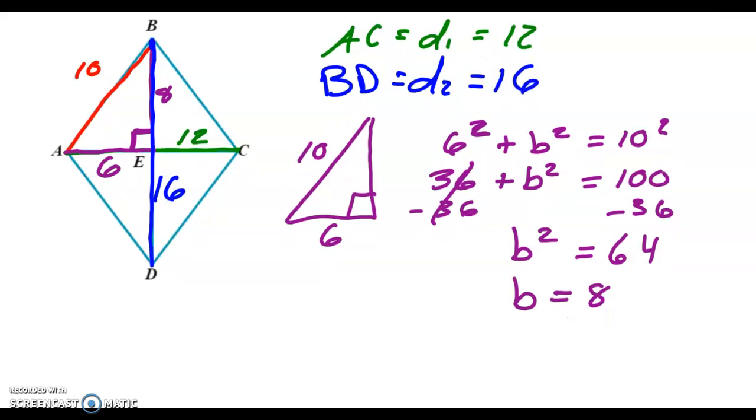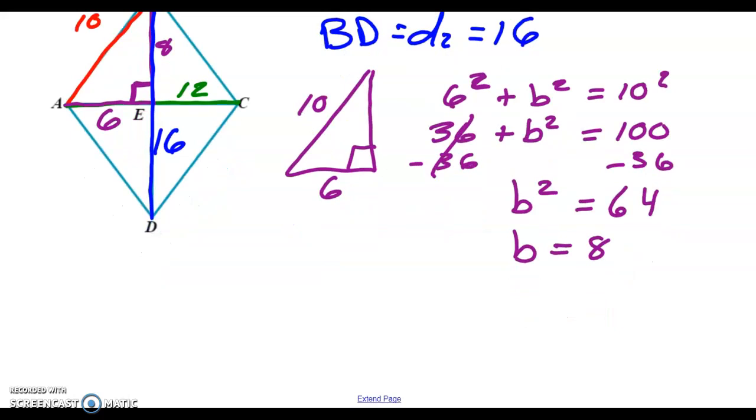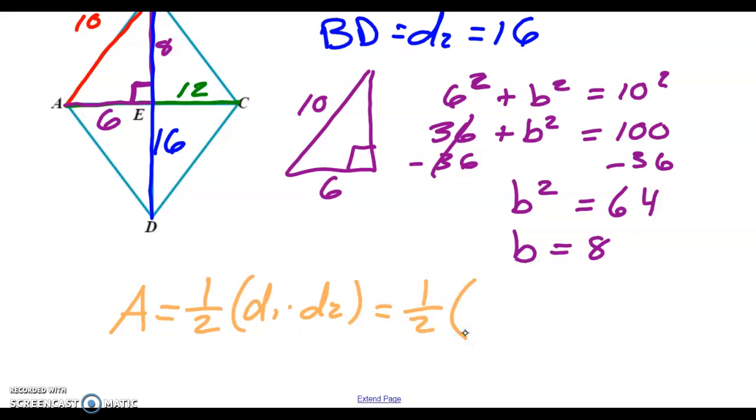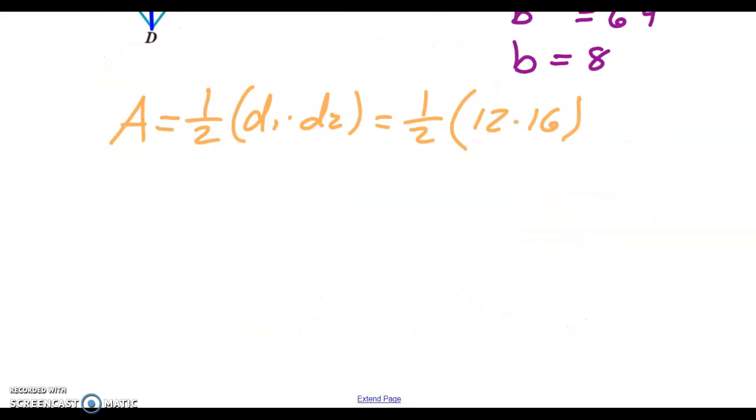Okay? So now I've got my area ready to be calculated. Again, it's that 1/2 D1 times D2, which is going to be 1/2 times 12 times 16, which I'll save a little bit of the work here because I'm about to run out of time.